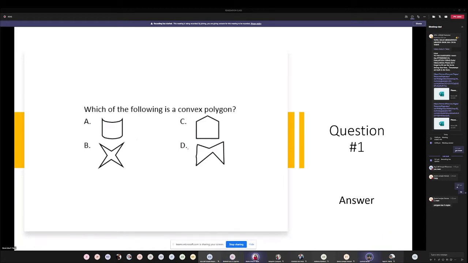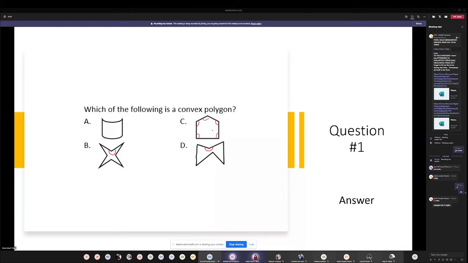So the answer is letter C, no? Because letter B has an angle greater than 180. For letter D, it also has an angle that is greater than 180. So only letter C does not have an angle that is greater than 180. So all are less than 180.